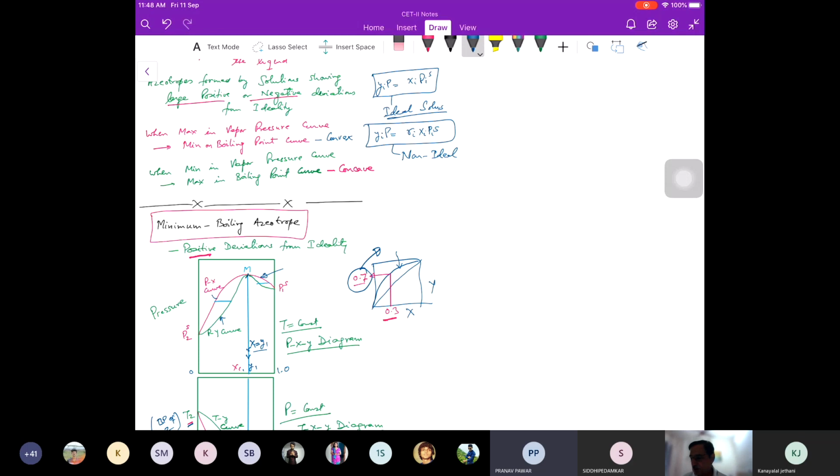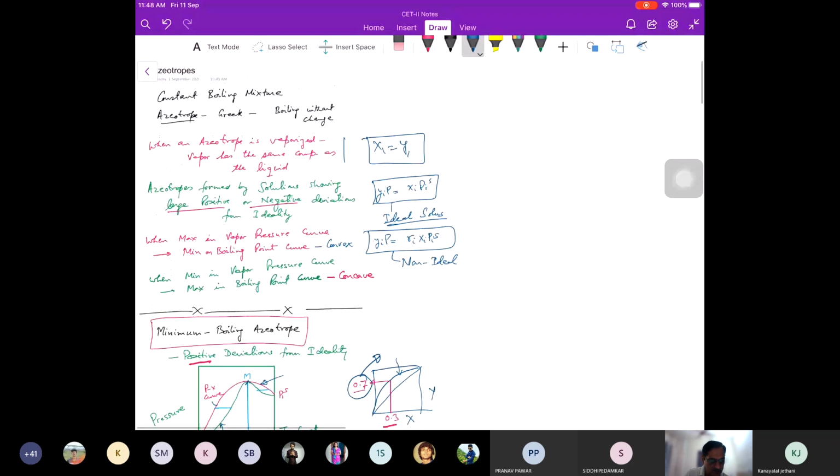Yes, good. So partial pressure of any component in the vapor phase which is in equilibrium with the liquid is more than that given by Raoult's law. What is Raoult's law? You know Raoult's law, right? This is Raoult's law for ideal solutions, right?